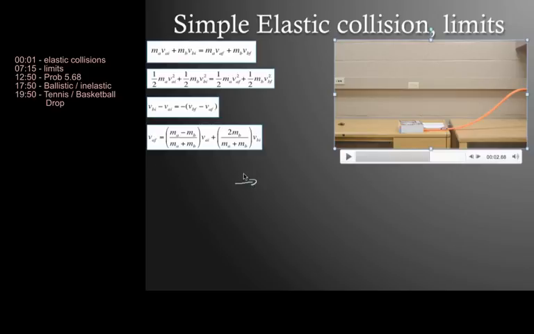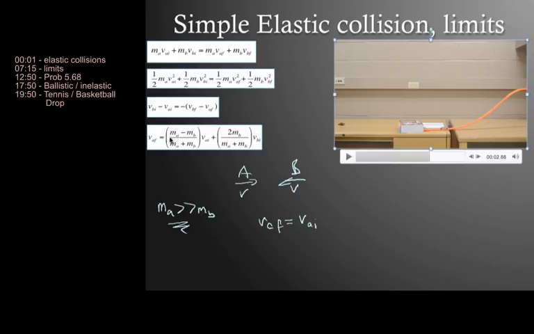So let's consider one final case where A is moving and B is moving towards A, and they both have a speed V. So this time we can't just toss this term out. So let's consider if A is much bigger than B. So here VA final is going to be equal to, in this case we have A really big, so this fraction right here is just going to be VA initial.